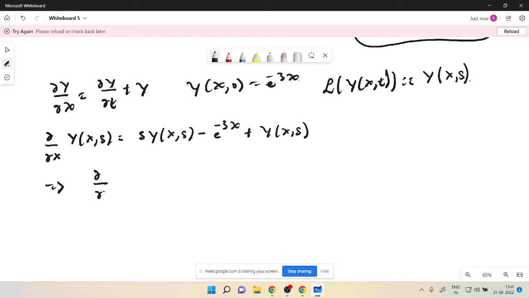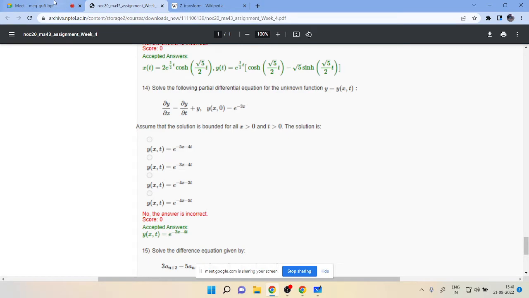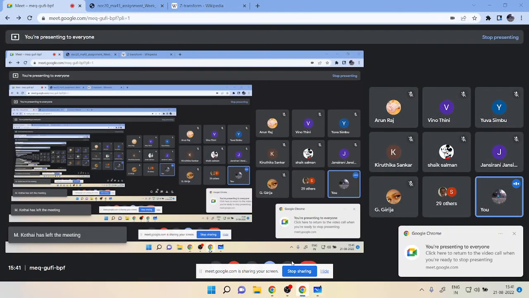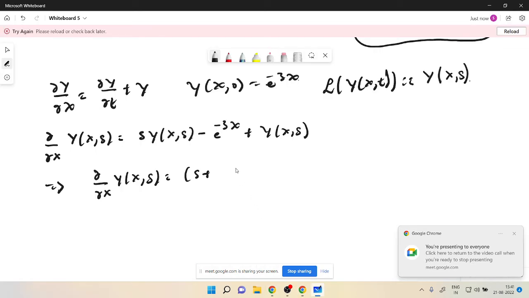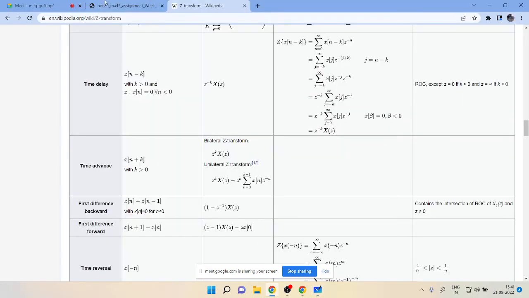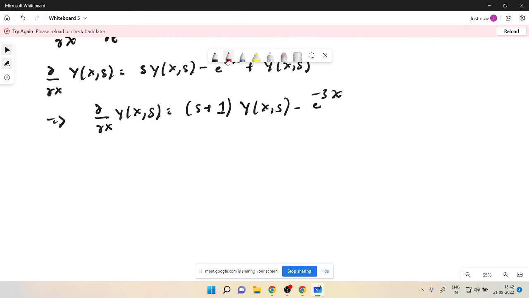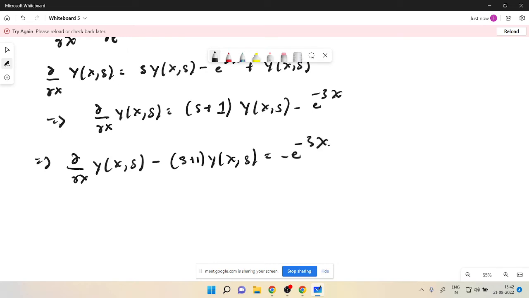This implies ∂Y/∂x minus (s plus 1) times Y of x comma s is equal to minus e to the power minus 3x.